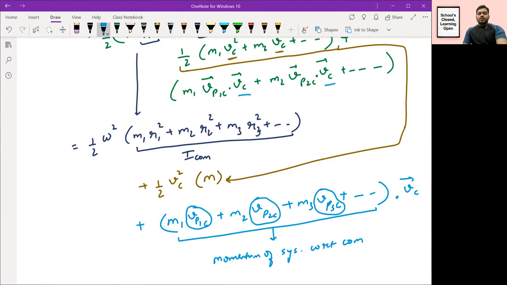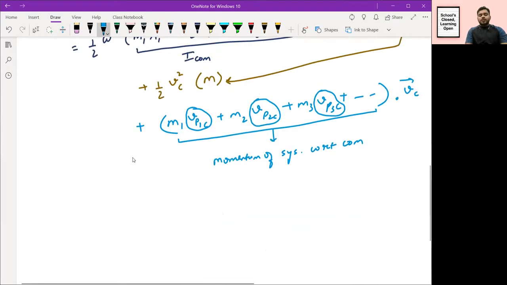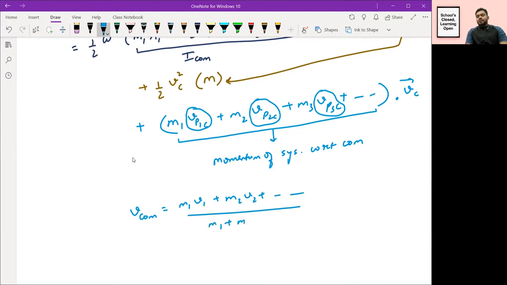How do we know that? Just look at this. We know that V_CM is m1 v1 plus m2 v2 plus m3 v3 and so on, upon m1 plus m2 plus m3 plus so on. This is the mass of the system. If we multiply it here, we get mass of system into velocity of center of mass is equal to m1 v1 plus m2 v2 plus m3 v3.